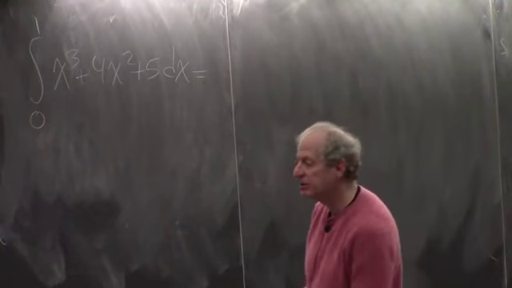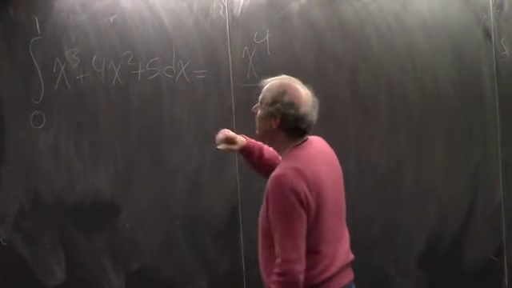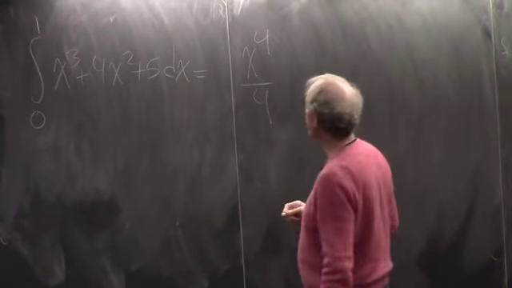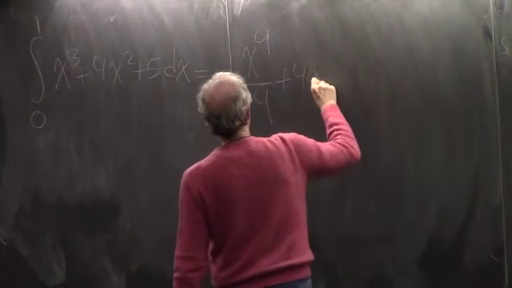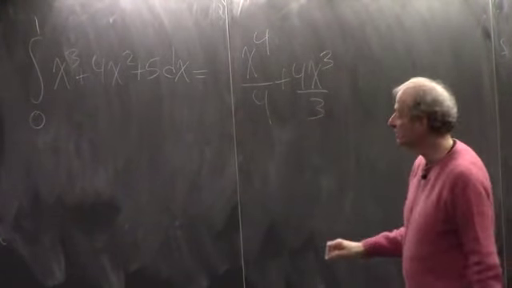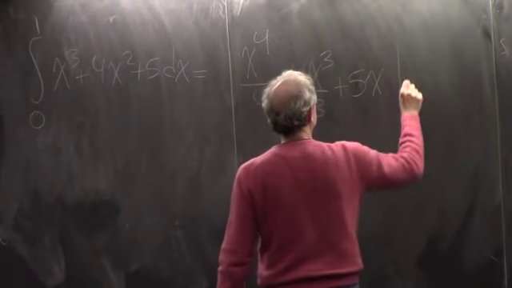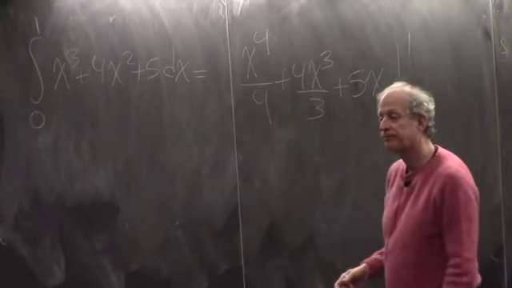The integral from 0 to 1 of x cubed plus 4x squared plus 5. How do we do this? You take the antiderivative. Antiderivative of x cubed is x to the 4th over 4. The antiderivative of 4x squared is 4x cubed over 3. And the antiderivative of 5 is 5x. From 0 to 1.